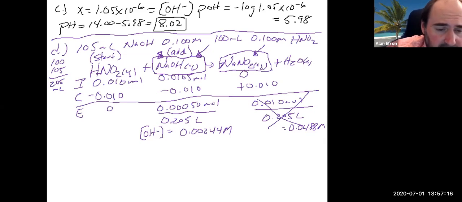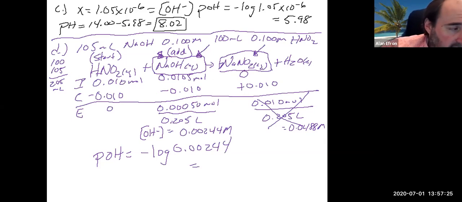And that means that we could then get the pOH would equal minus the log of 0.00244. And that gives us a pOH of like 2.61.